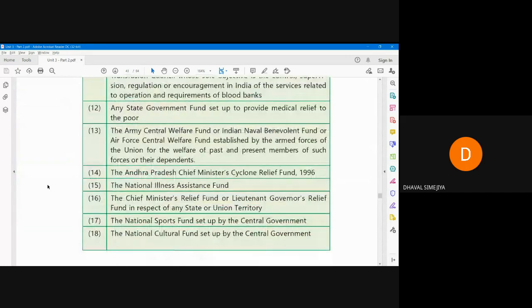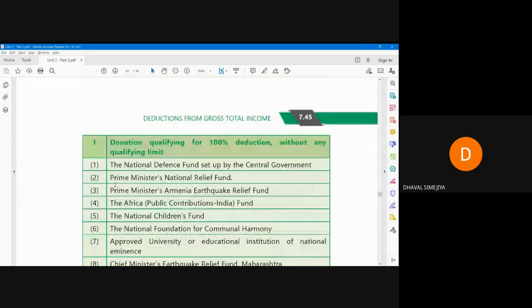If you read the names of the donations, the majority of the names start with National or Prime Minister's, meaning central level funds, like the National Defense Fund set up by the central government, Prime Minister's National Relief Fund, Prime Minister's Armenia Earthquake Relief Fund, the Africa Public Contributions India Fund, the National Children's Fund, the National Foundation for Communal Harmony. So these are the examples.